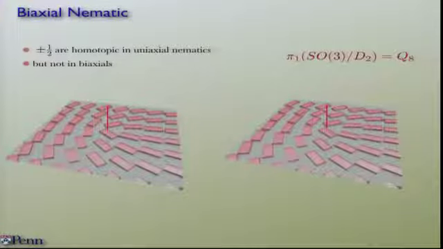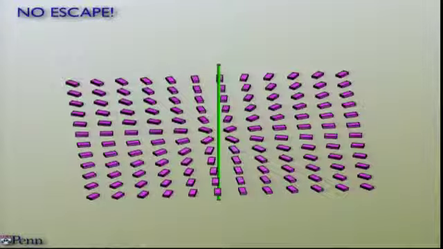This transformation, flipping the rods around, flipping the erasers around, had nothing whatsoever to do with rotating space. But in a cholesteric, the pitch and the director talk to each other. The pitch knows about the orientation in space because it has derivatives in it. Right? And this is the most important thing: a biaxial nematic can't escape.